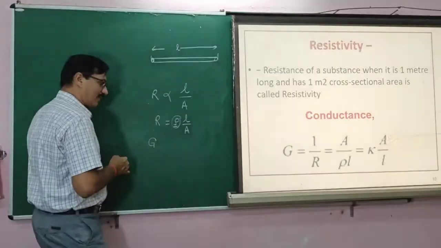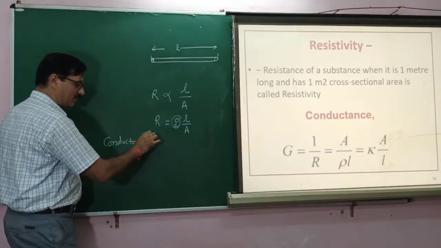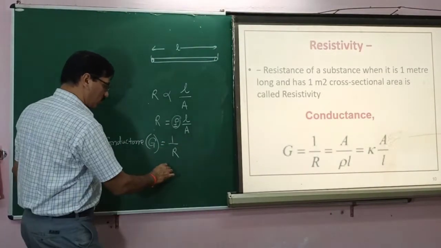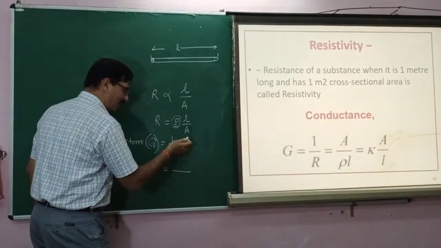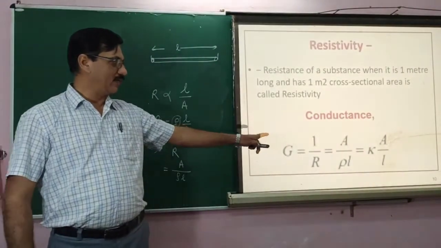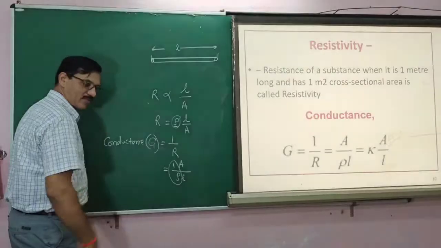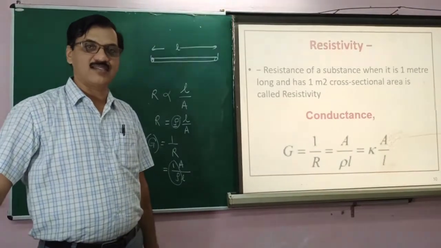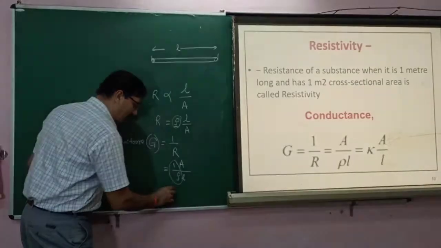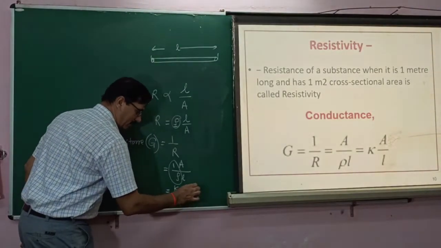If you designate conductance as G, that is nothing but 1 by R. So this becomes the reciprocal: A goes to the numerator, and rho and L go to the denominator, so G is A by rho L. Now 1 by rho, the reciprocal of resistivity, is called conductivity, denoted by kappa. So G is equal to kappa into A by L.